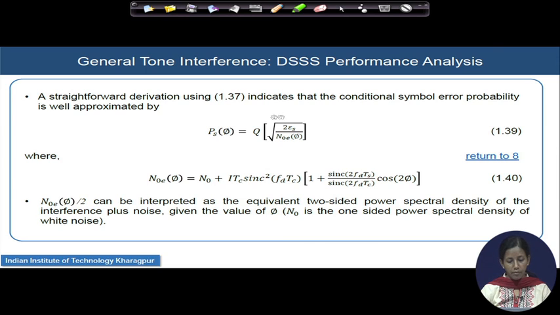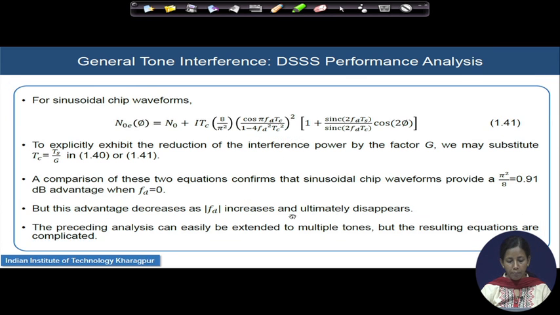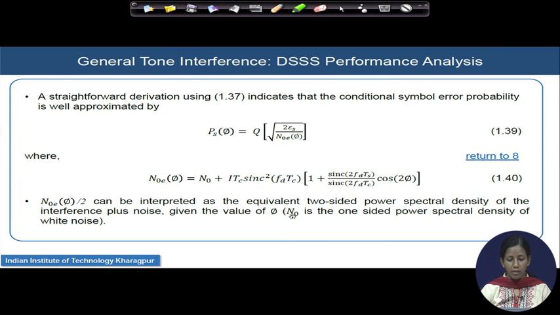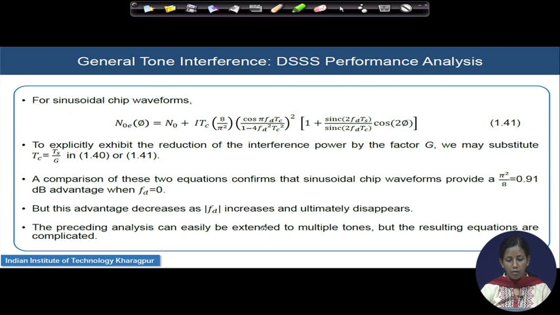Using equation 1.39, finally we would like to see the expression for Ps. But before that, remember that when we ended up with this kind of variance calculation, we assumed that the chip waveform would be rectangular.